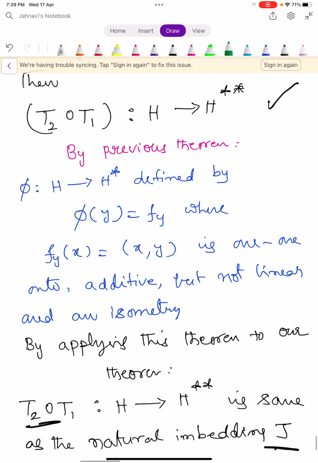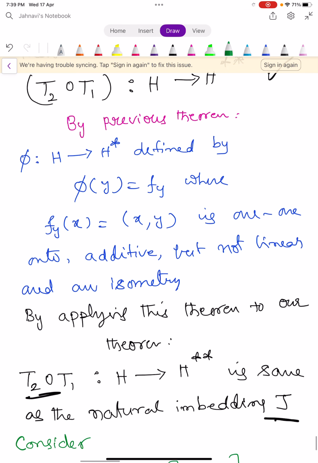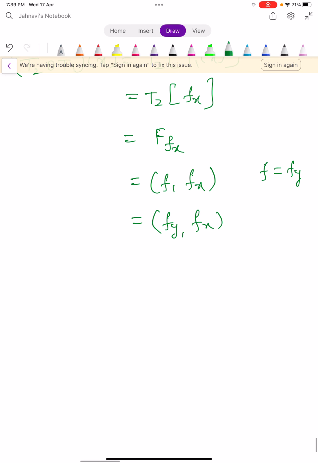You see here, this is the T2 definition: T2 of Fx is equal to capital F Fx. Capital F Fx is equal to the inner product of f comma Fx. Again it can be written as the inner product of Fy comma Fx, because this f is equal to Fy by the previous theorem. So the inner product of Fy comma Fx is equal to the inner product of x comma y. To understand these two steps, you must watch video number 46. The inner product of x comma y can be written as Fy of x. This Fy of x is nothing but f of x.